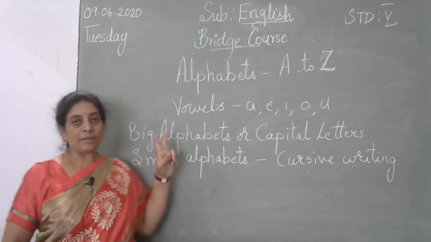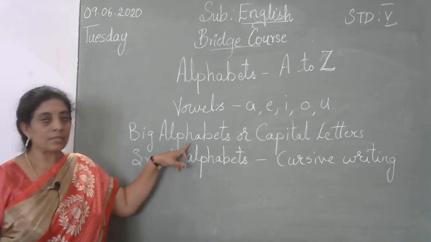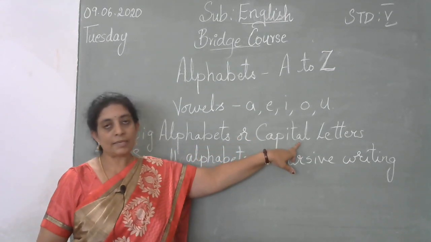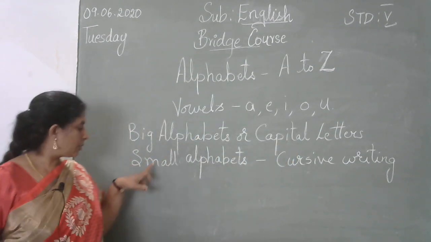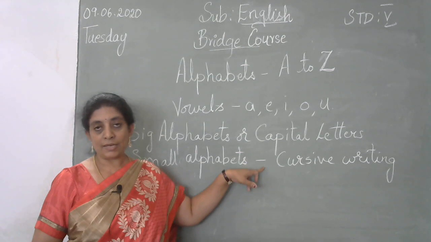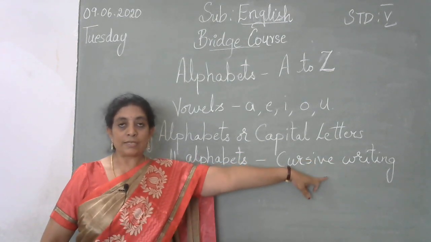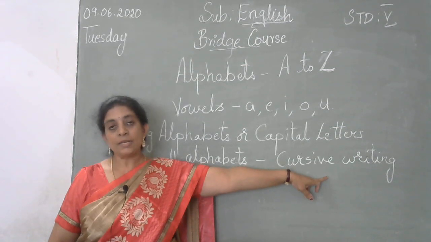Alphabets can be written in two ways. One we call the big alphabets, or capital letters. The next we call the small alphabets, or when you go to the higher classes, you change them into cursive writing. Cursive writing is nothing but joining the letters and writing.